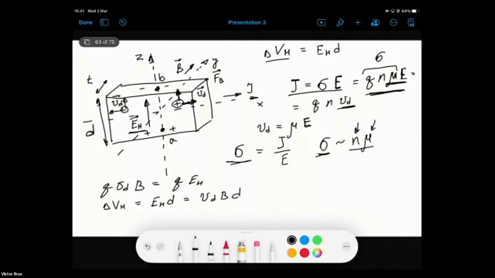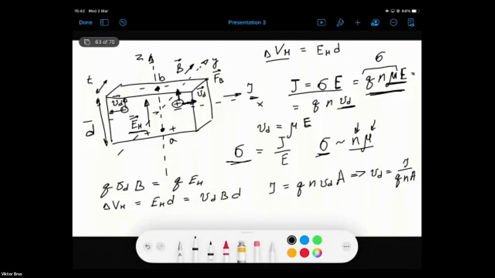So we know that electric current I is equal to Q times N, concentration of charge carriers, times VD times A, which is area of the cross section of the conductor. So from here, we get that VD is equal to I, electric current, divided by Q and A.